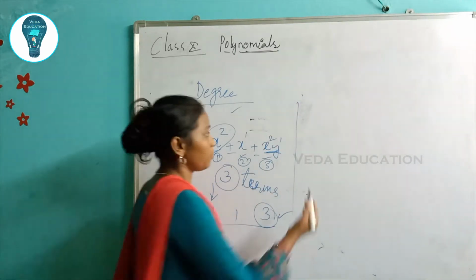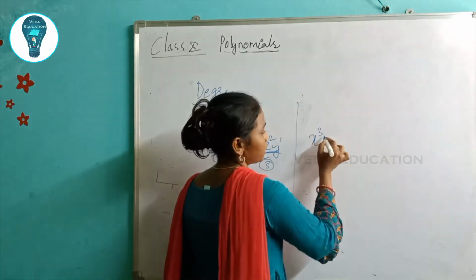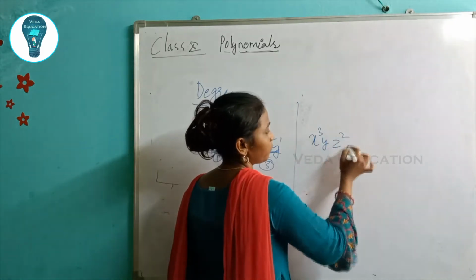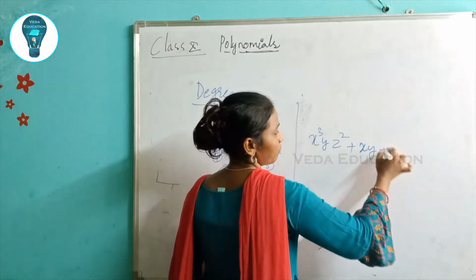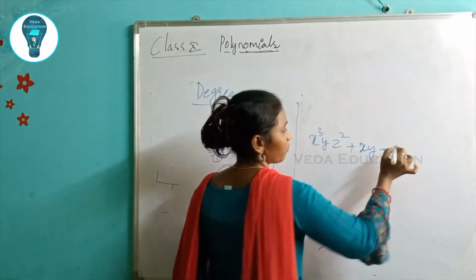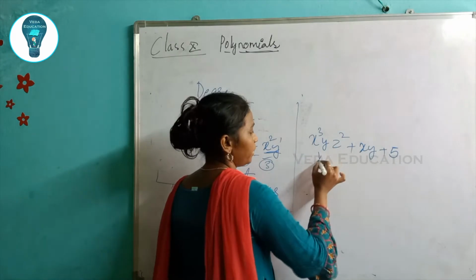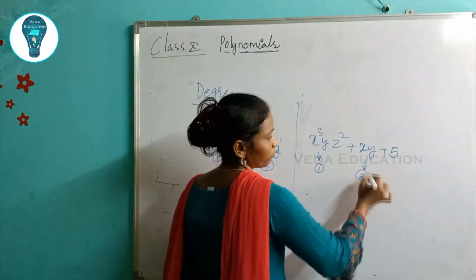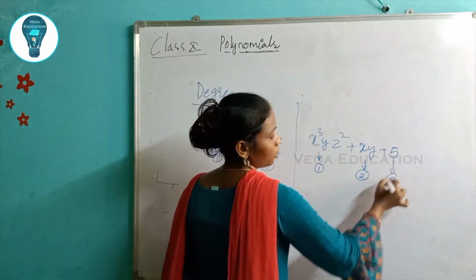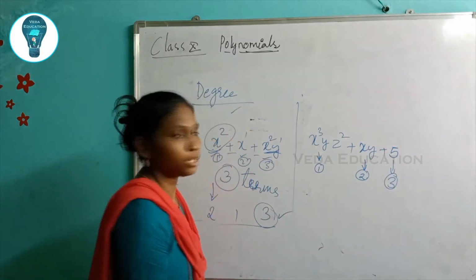One more example I am explaining here: x cube by z square plus xy plus 5. Now how many terms are involved? 1, 2 and 3. So here 3 terms are involved.